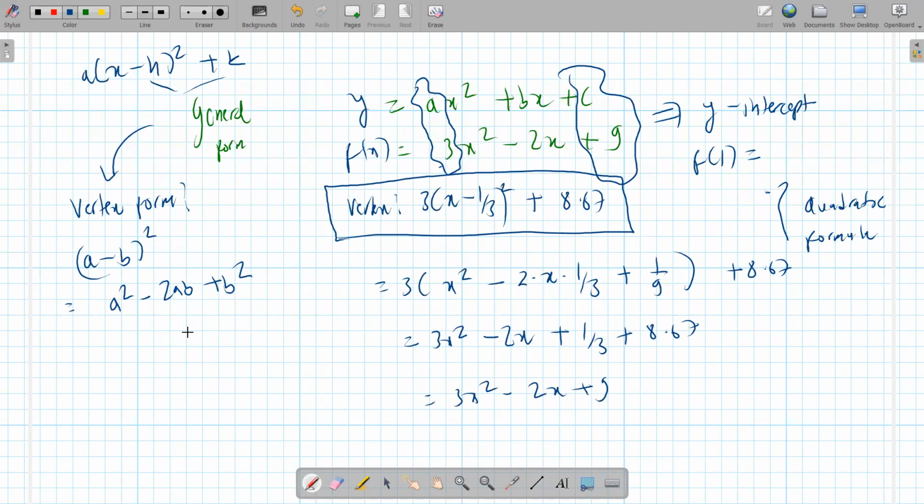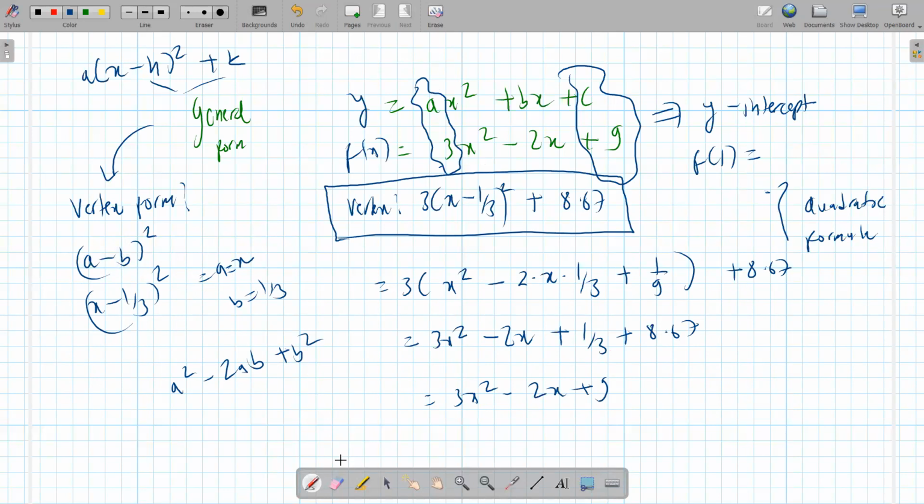If you do a minus here, don't plug in b as -1/3. Because if you compare a minus b whole squared with x minus 1/3 whole squared, a is x and b is 1/3. B is not -1/3. So this minus sign already accounts for the b being 1/3.